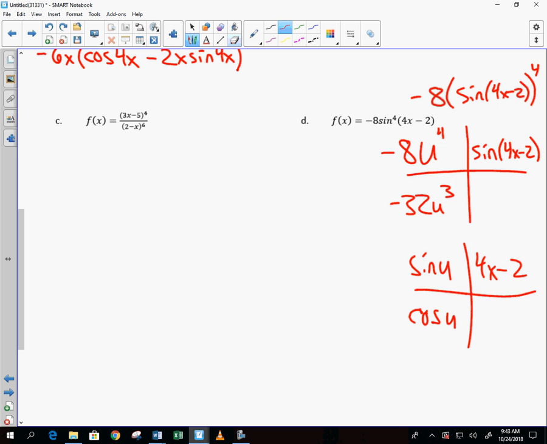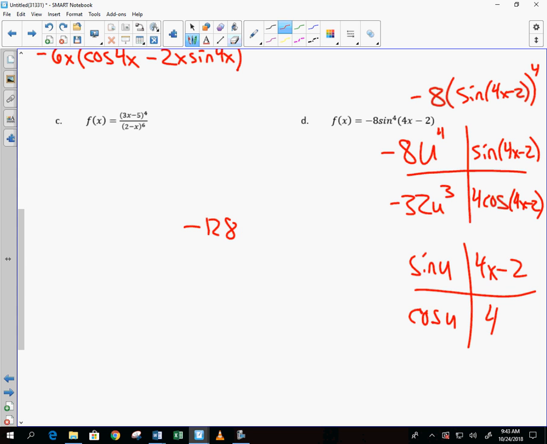Cosine of u. Derivative of 4x minus 2? 4. So that'll be 4 cosine of 4x minus 2. Now we've got to multiply these together. 4 times -32 is -128.